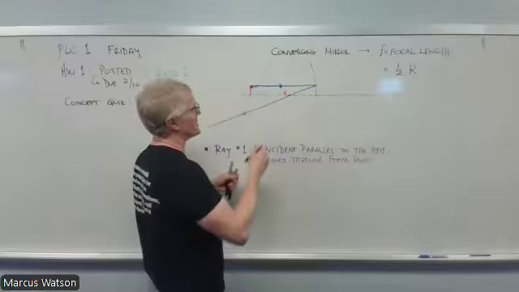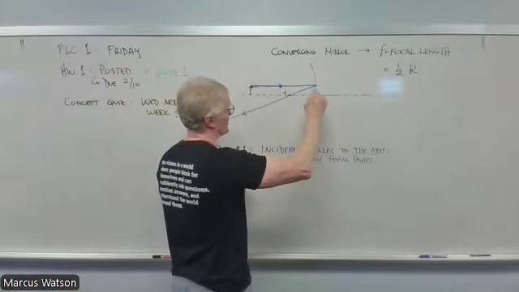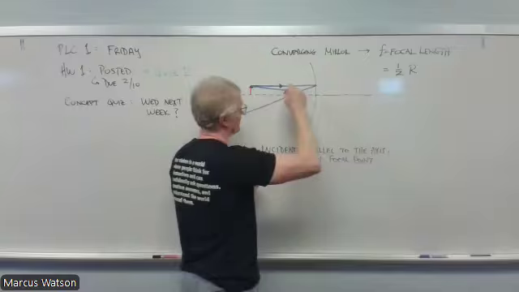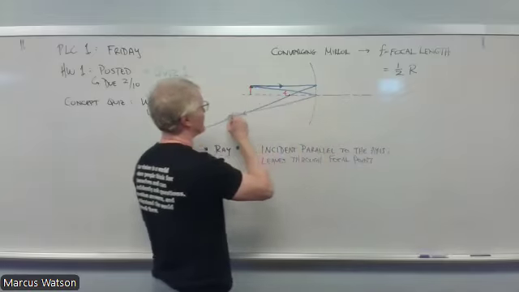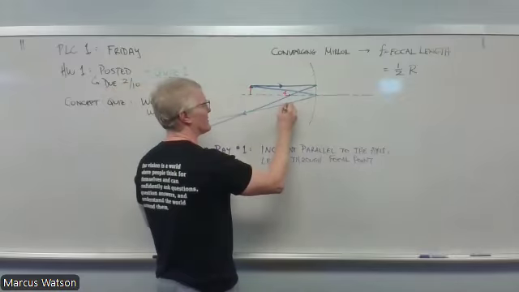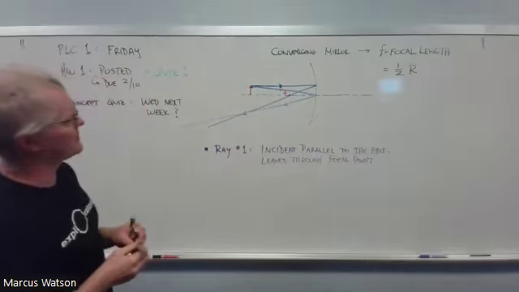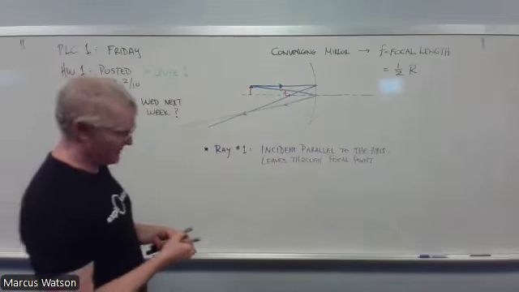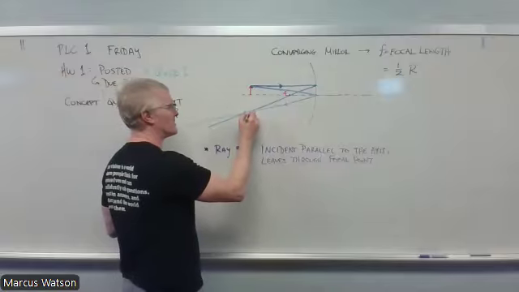Let me try doing this a little bit less colorless here. We're going to go right in about here. Okay, like so. All right, so that's the incoming and the outgoing, and I have got a crossing here just as I did last time, which is where the image is going to be formed.